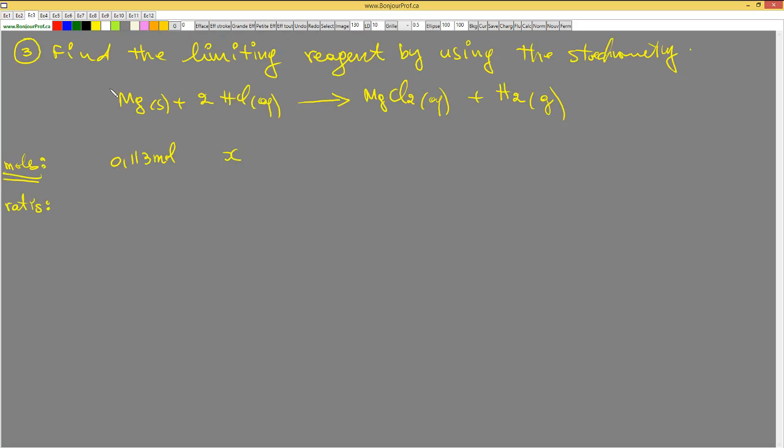What ratios are we going to put? Here we have 1, so 0.113 mole over 1 equals X over 2. Okay, we are doing the stoichiometry.